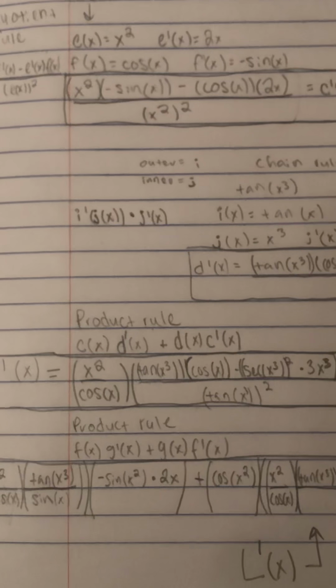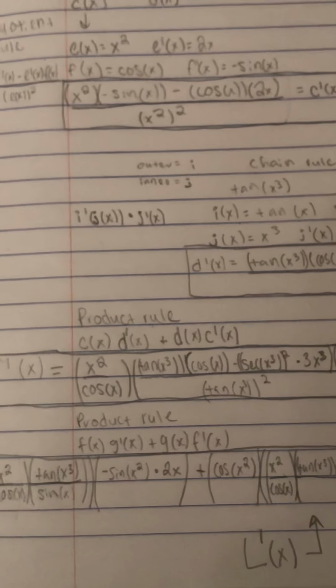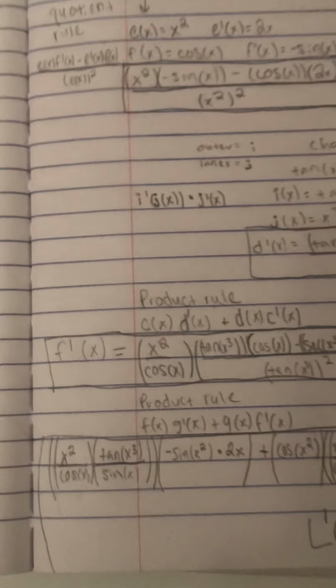We'll be using the product rule, which is c of x times d prime x plus d of x times c prime x.